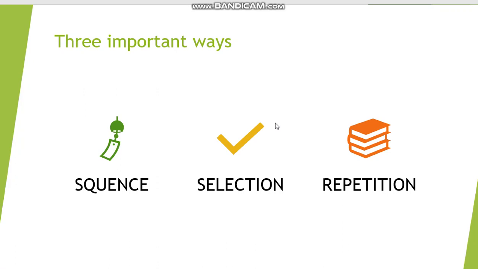Selection means select from a number of choices or select from two choices, right? Repetition means repeat something over and over again. So these are the three aspects that are described in this video.